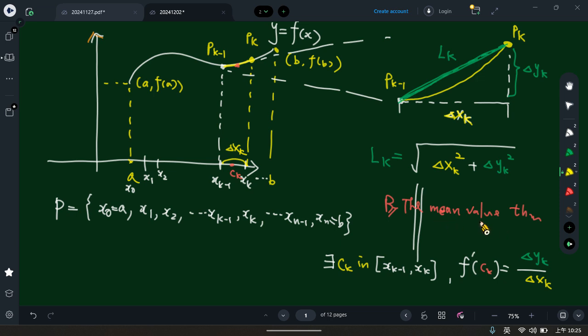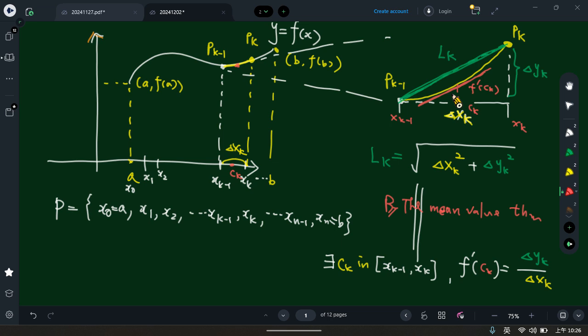By the mean value theorem, we can find a point between S(k-1) and Sk. Then we can find a point ck here. Its slope is f prime of ck, right?